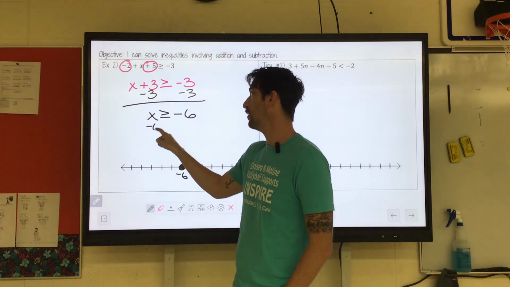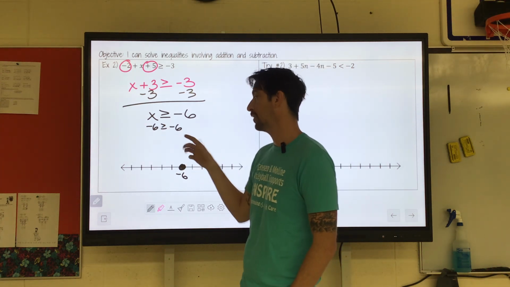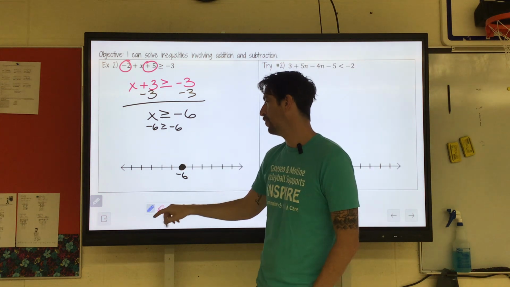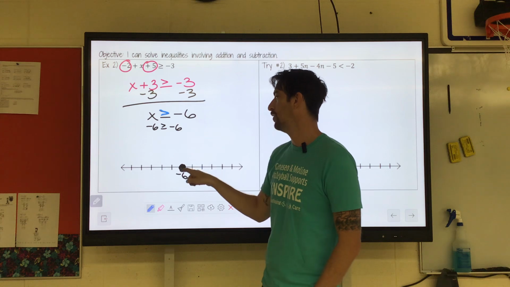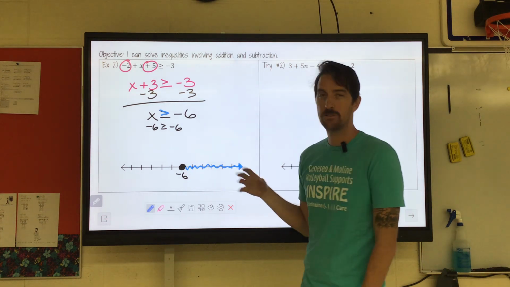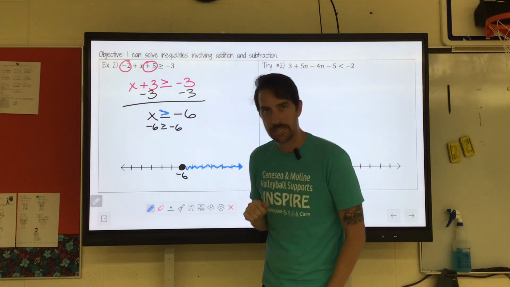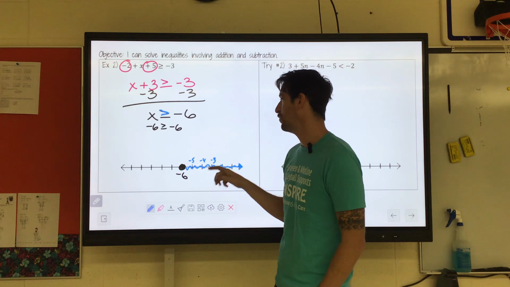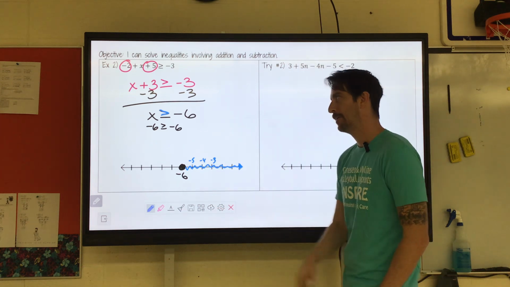You could say negative 6 is greater than or equal to negative 6. That's true. And if the letter's first, you follow the arrow. If I look up here, it's pointing to the right, so we're going to shade to the right. Which makes sense because all these numbers on the number line would be greater than negative 6. This would be negative 5, negative 4, negative 3. Those are all bigger than negative 6.